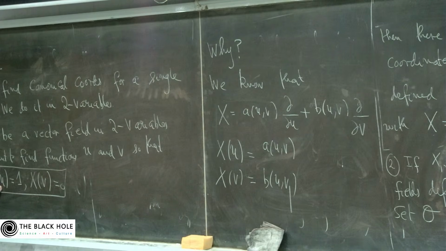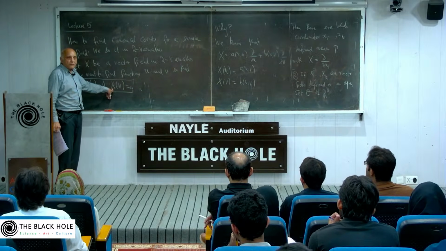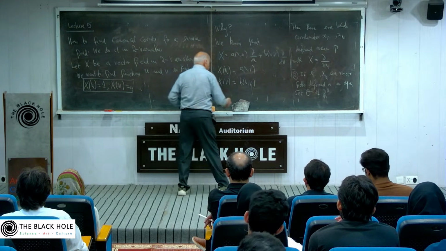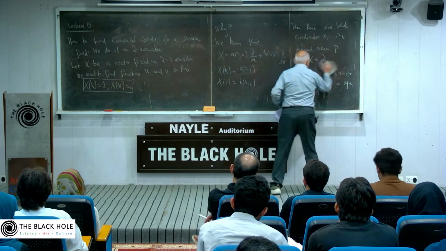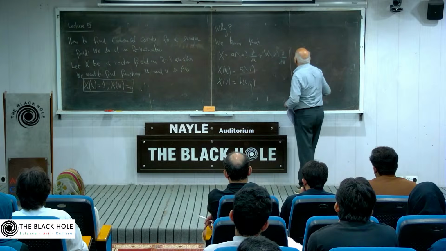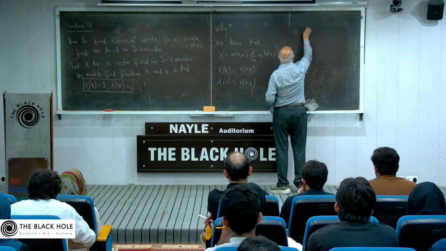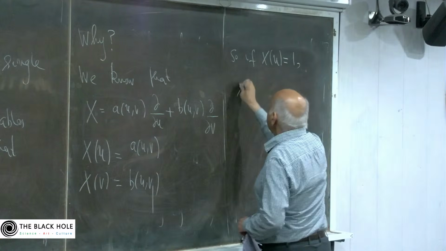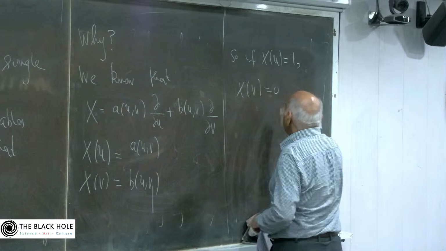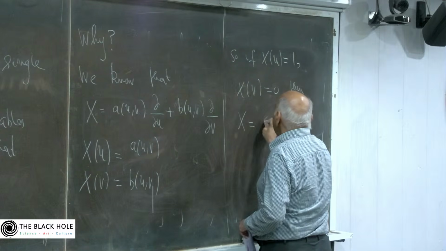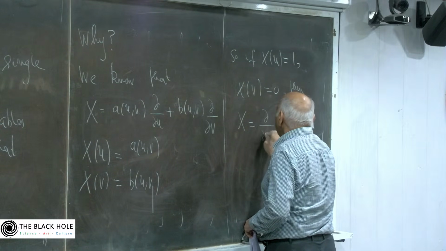So if we can find the functions u and v so that xu is equal to 1 and xv is equal to 0, then what is x in these coordinates? If x of u is equal to 1 and x of v is equal to 0, then x is equal to partial by partial u.